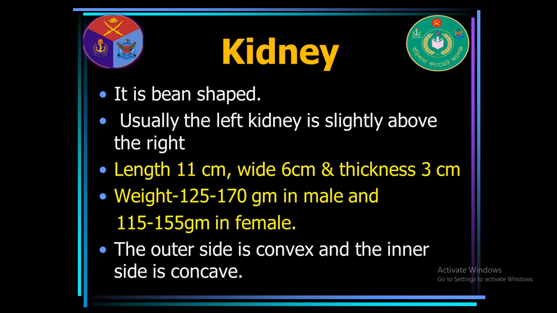So the male kidney is slightly heavier than the female kidney, and the outer side of the kidney is convex and the inner side is concave.